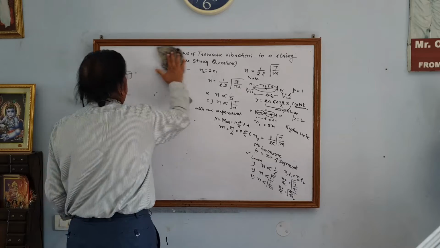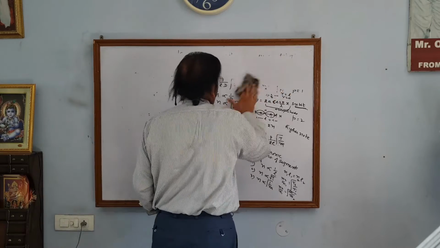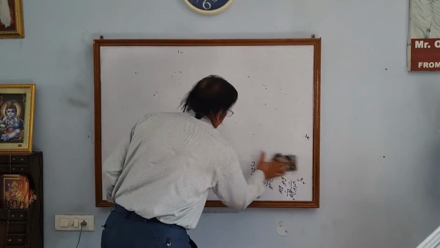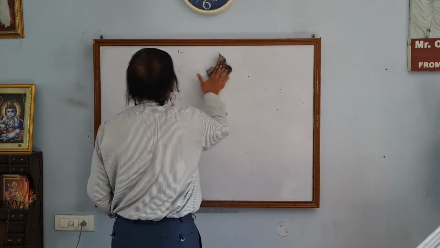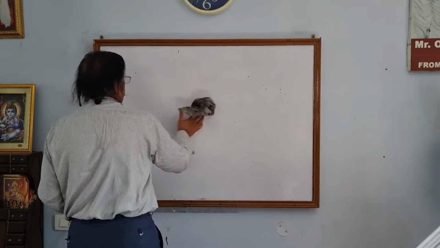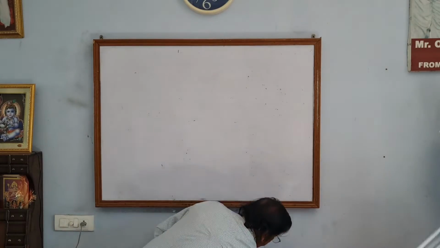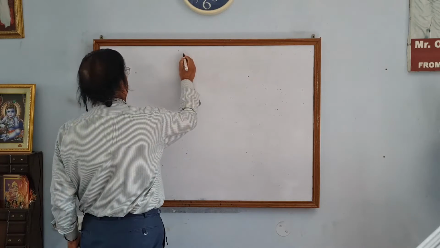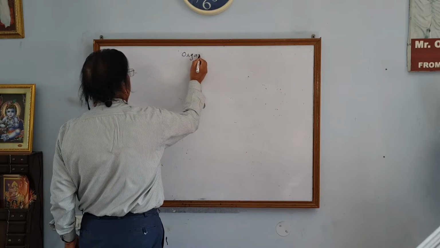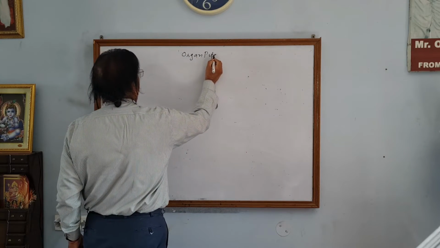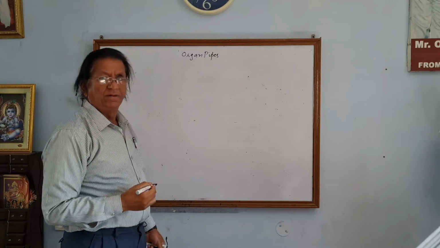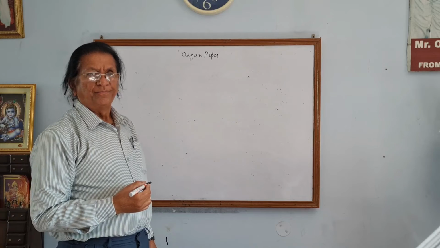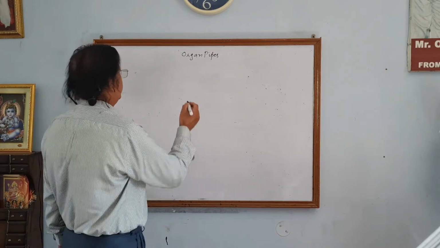Now we switch over to other part, that is organ pipes. Organ pipes, flutes भी कहते हैं इनको. 2 types of organ pipes.